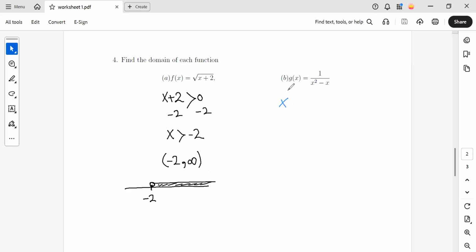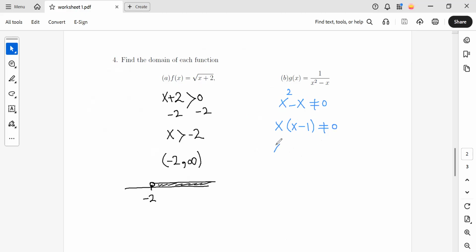So I would consider x squared minus x cannot be 0. We would solve it as equal, but we would keep the not equal sign. I can factor out x. It will be x minus 1 when I factor out x, not equal to 0.